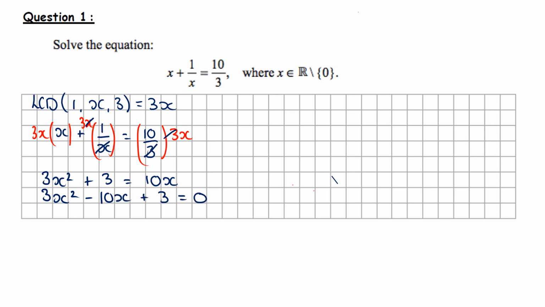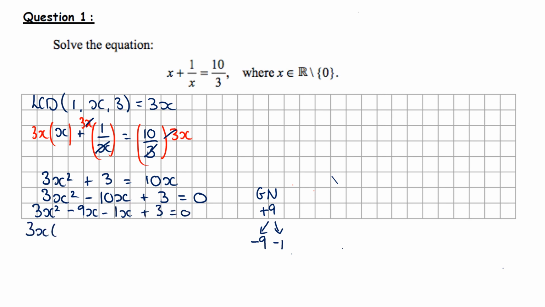Notice how we've got our quadratic and we can solve that either using our guide number method, straight into factorization, or we can use our minus b formula. So let's solve that now. If we use our guide number method, our guide number is plus 9. Plus means the signs are going to have to be the same, so we get a minus 9 and a minus 1, which will give us our minus 10x. So we get 3x squared minus 9x minus 1x plus 3 equals 0.